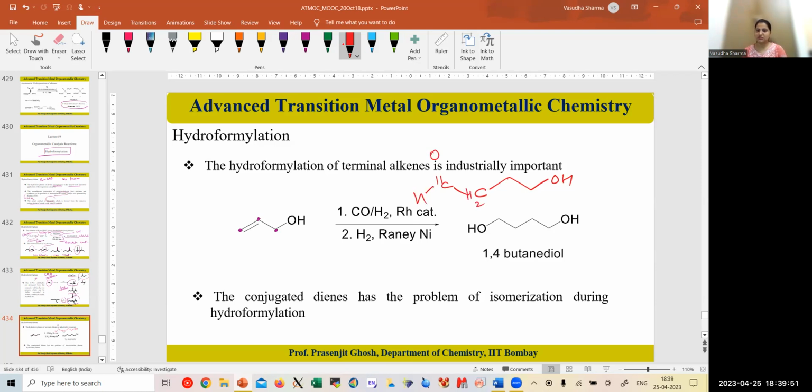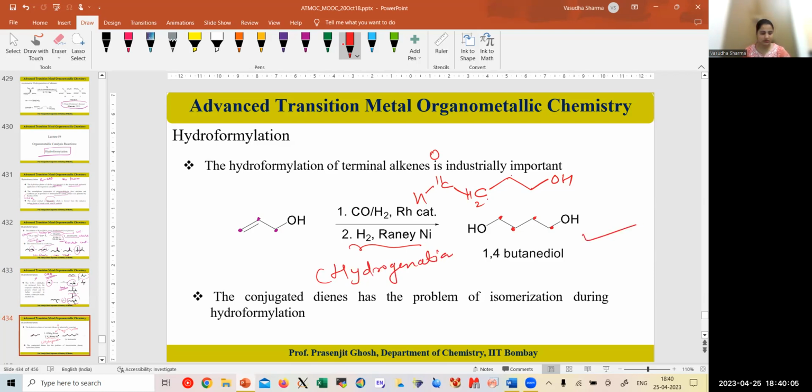So this CHO is there, with 1, 2, 3 and 4 carbons. Ultimately, when hydrogenation happens in the presence of Raney nickel, it will further go to CH2OH. So this is what we are forming here.